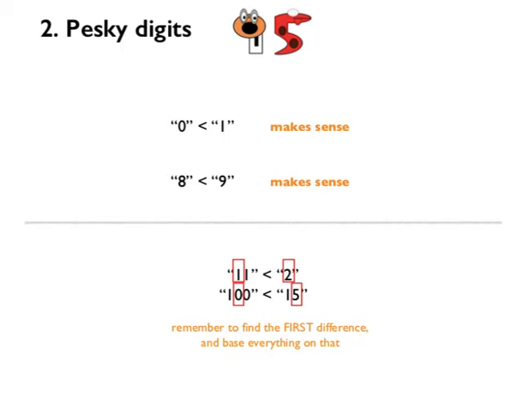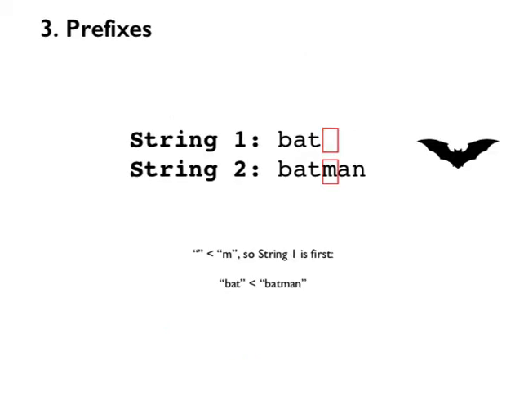So we have to remind ourselves to treat numbers that are stored as strings as a sequence of characters. Furthermore, if we compare a string that ends to a string that doesn't end, the ending string, or the empty character, comes first. And so in this example, bat is less than Batman, basically because bat is shorter.